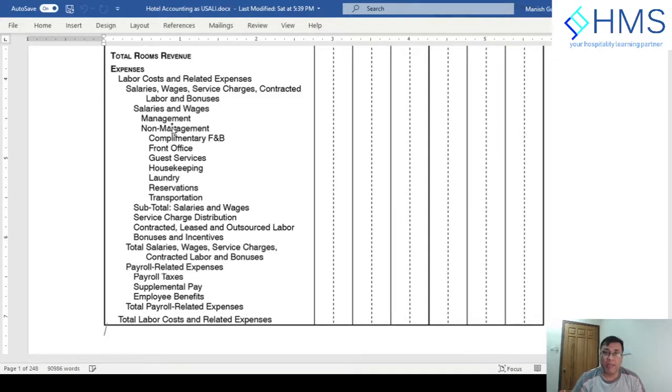In many hotels, laundry is a separate profit center where we are charging the money to the guests, and we are selling the laundry to outside customers as well. In that case, laundry cost will go to the laundry department and will not come to the rooms division. Similarly, transportation also sometimes is a separate cost center. Salary related to transportation, which is a part of the profit center, will go to the profit center.